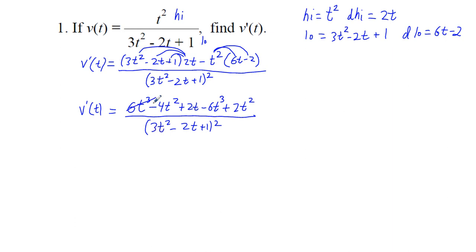So we have 6t cubed minus 6t cubed, and so we have negative 6t squared plus 2t squared. That's going to be negative 2t squared, and plus 2t, all over low squared. So that will be our answer simplified.